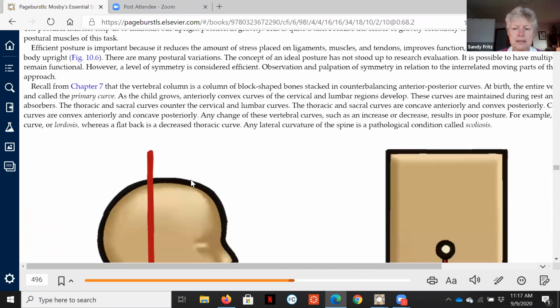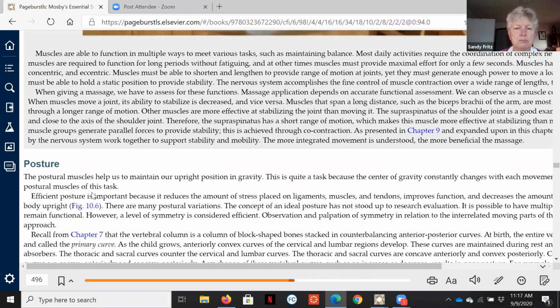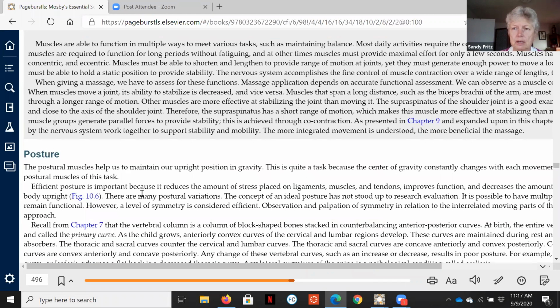One of the things we assess is posture, and recently there have been some issues around this ideal posture and whether it really has any effect or not.